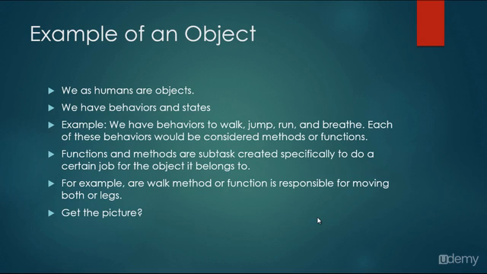And say, for example, you have a human and you want to tell the human how to walk, right? The walk will be a subtask of the human because the human is actually the object, and so we want the walk function or method to actually tell the human how to walk. So the first thing you need to do inside that method or subtask is create the specific outline of how you want them to walk.